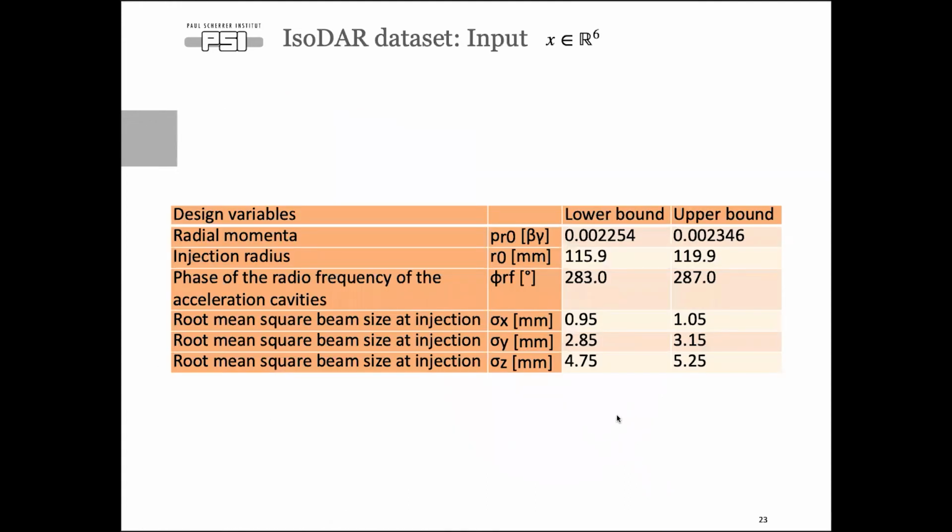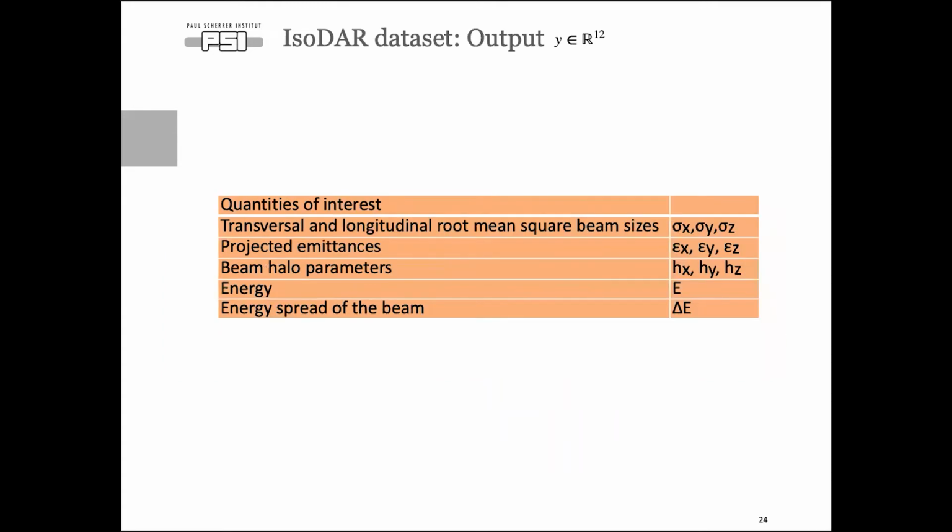For the input, we have 6 different input quantities, namely the radial momenta, the injection radius, the phase of the radio frequency of the acceleration cavities, and the root mean square beam sizes at injection. And for the output, we have in total 12 quantities: the transversal and longitudinal root mean square beam sizes, the emittances, the beam halo parameters, energy, and energy spread of the beam.